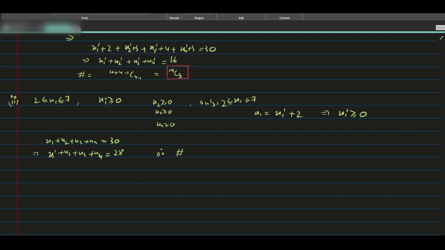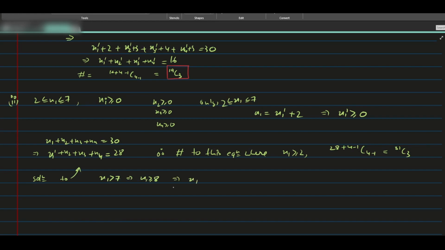Therefore, the number of solutions to this equation, where x1 is greater than or equal to 2, is 28 plus 4 minus 1 choose 4 minus 1, which equals 31 choose 3. And now we find the number of solutions to the same equation where x1 is greater than 7. That implies x1 is greater than or equal to 8.